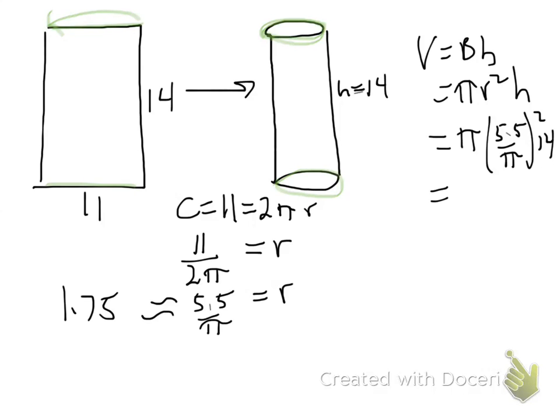This ends up making, when you do 5.5 squared times 14, you'll get 423.5, but you also have a pi and a pi squared. So you have pi, and this will be pi squared, so this one's going to cancel out one of the squareds there, so this is going to be over pi for the volume.